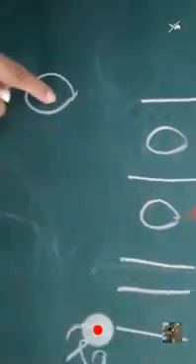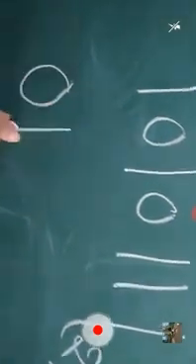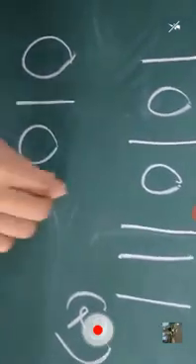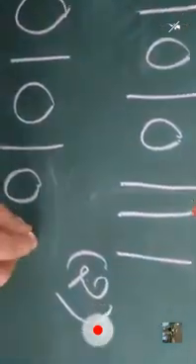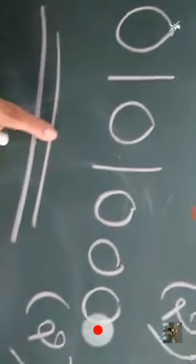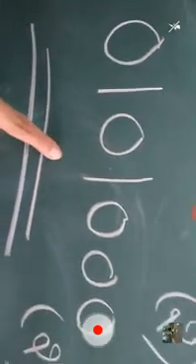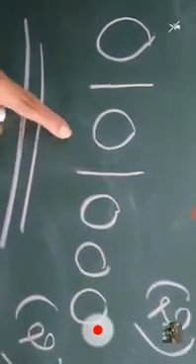Whenever 0 is there, write down 1. Whenever 1 is there, write down 0. So we get 0 1 0 1 0 0 0 base 2. This is the way in which we can convert from a binary number to ones complement.